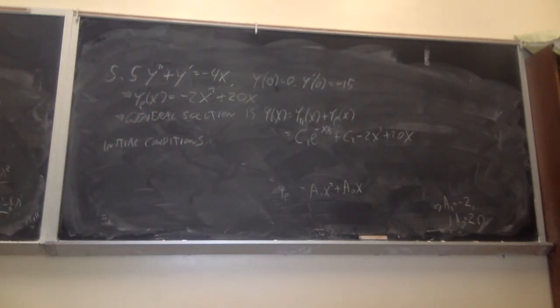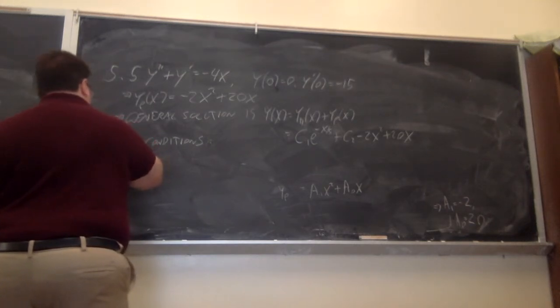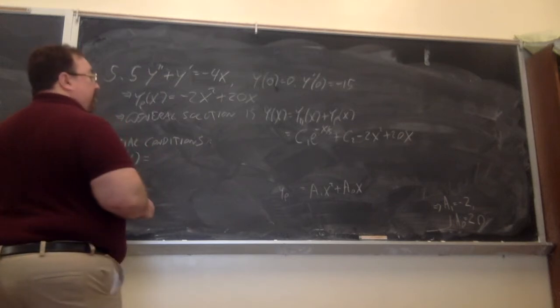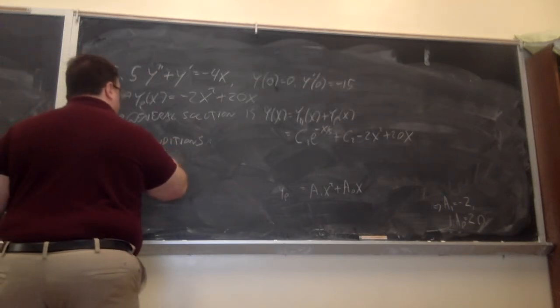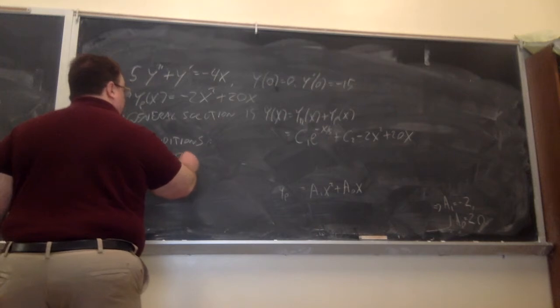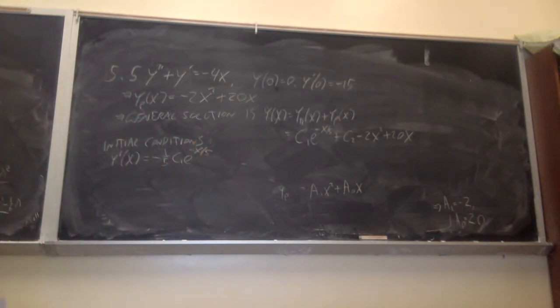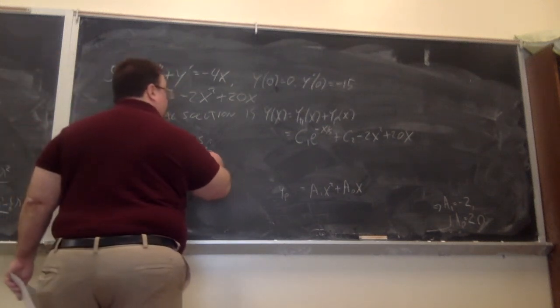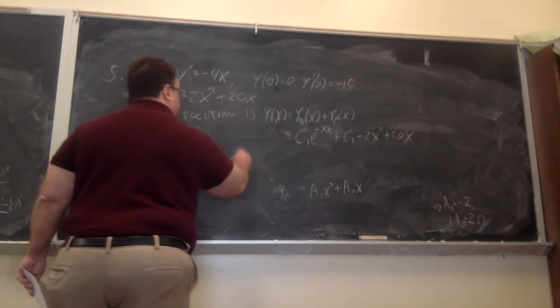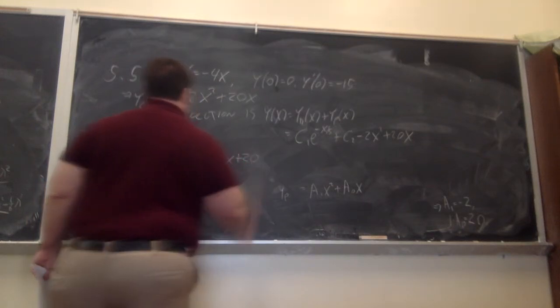So by applying the initial conditions, I need y prime, because we need y of 0 and y prime of 0. So y prime of x is equal to minus 1/5 C1 e to the minus x over 5. The derivative of C2 will be 0. And then we have minus 4x plus 20.